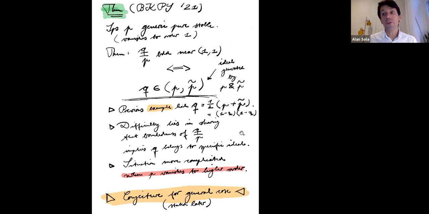Okay, so here is a very partial answer to this question. I formulated it as saying that if P is generic pure stable, in technical terms, that means that the order of vanishing of P is exactly 1 at each of its boundary zeros, then Q divided by P is bounded near (1, 1) exactly if Q is in the ideal generated by P and P tilde in the local ring at that point.